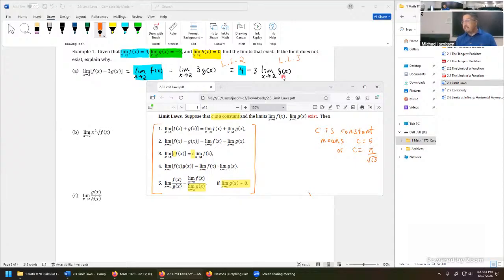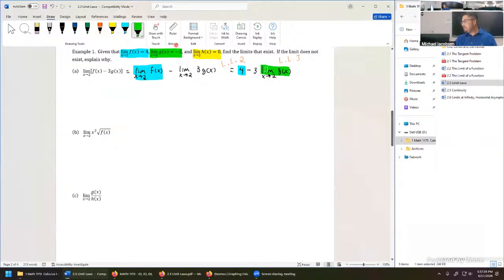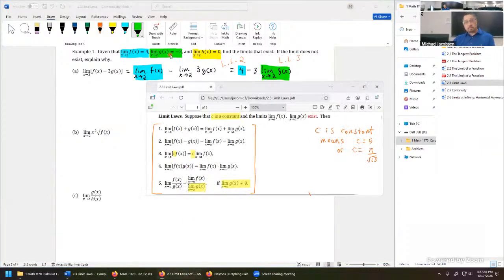All of our limit laws are over at this step. So in place of where it's highlighted here in green, we can now just substitute in a -2, and it's all arithmetic from here. Any questions or comments at all, folks, following the process?